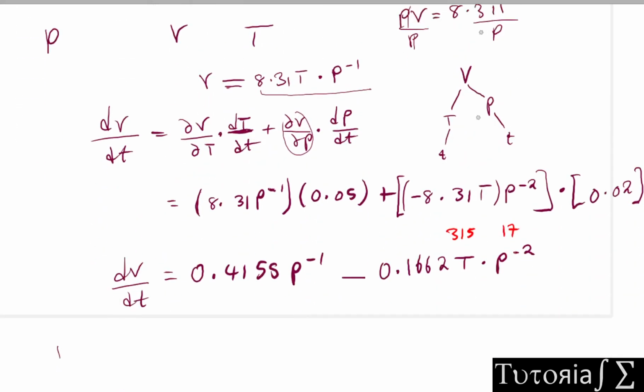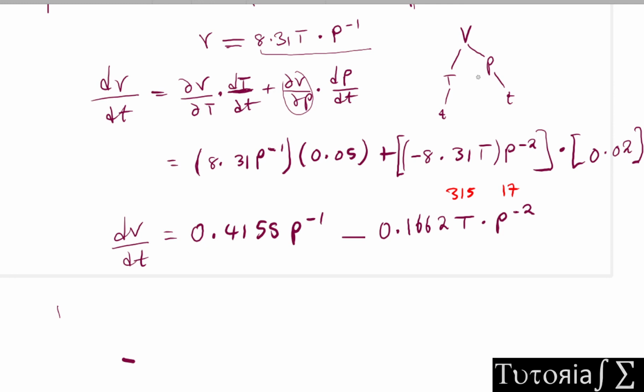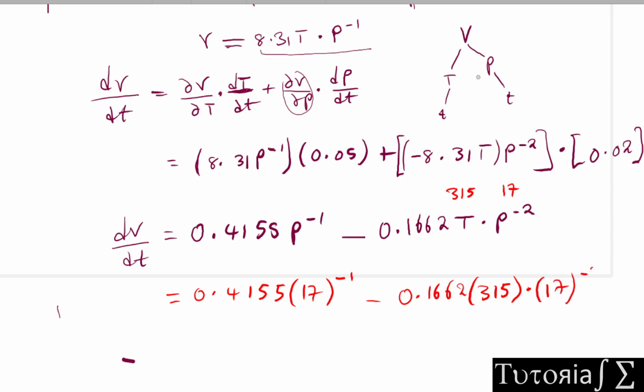So we'll just leave it as 17. Then we just replace now. So this is 0.4155 times 17 to the negative 1, minus 0.1662 times the temperature, which is 315, times 17 to the negative 2.